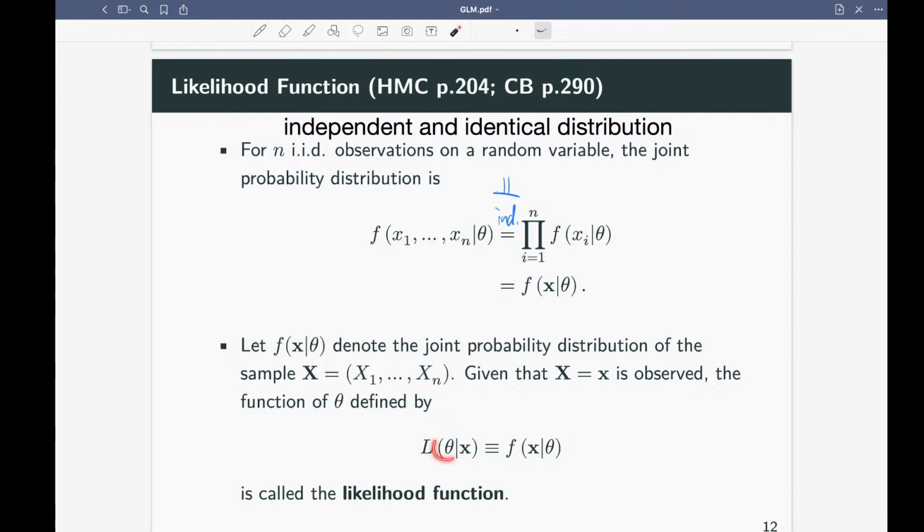So here and here, they have different meanings. Here, this x is from the data, and here it is the joint probability distribution. There are some different concepts, but by definition, we say these two terms are equivalent to each other.